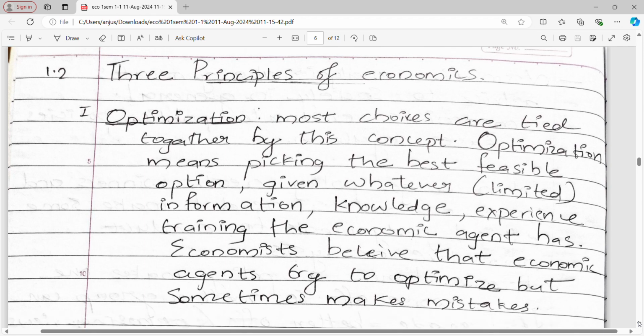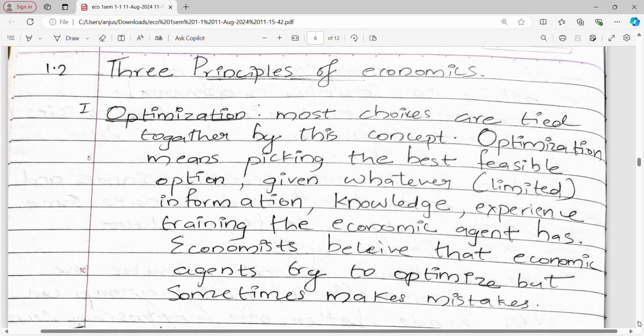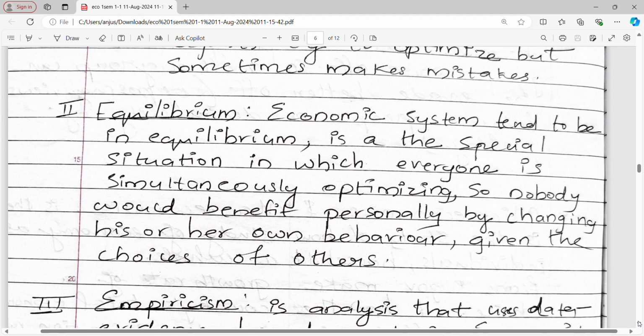You can note down these points, okay? Then you have equilibrium. Equilibrium is the special situation in which everyone is simultaneously optimizing. Everyone is picking their best option. So nobody would benefit personally by changing his or her own behavior, given the choices of others.